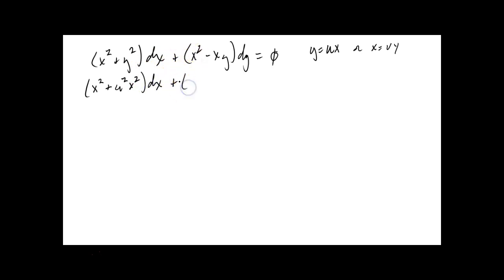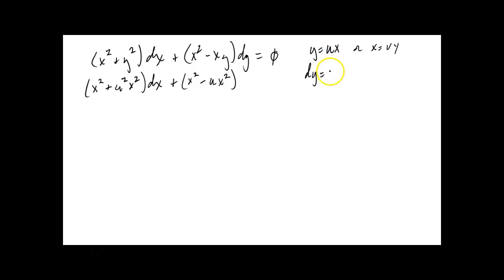Plus, continue, x squared minus, okay, ux squared. Perfect. All right, we got one other little thing I forgot to do. Let's do this. What is your dy? You did it before.